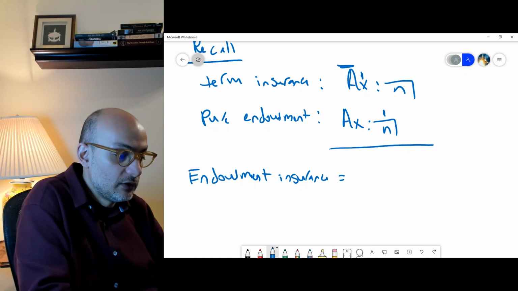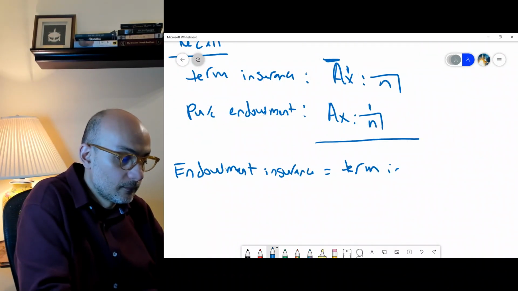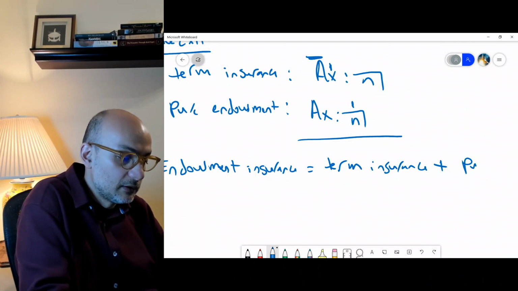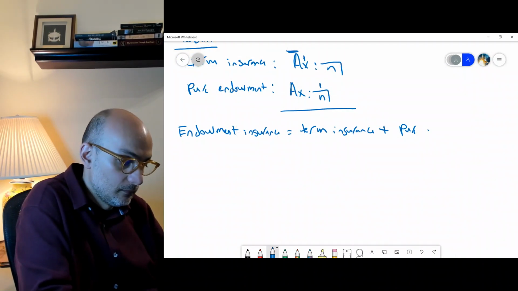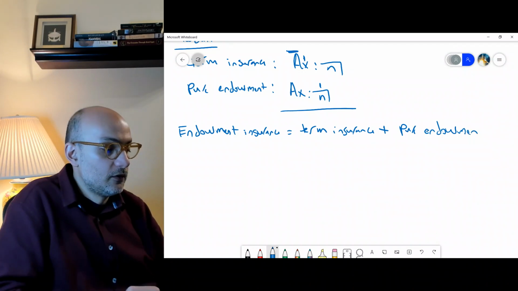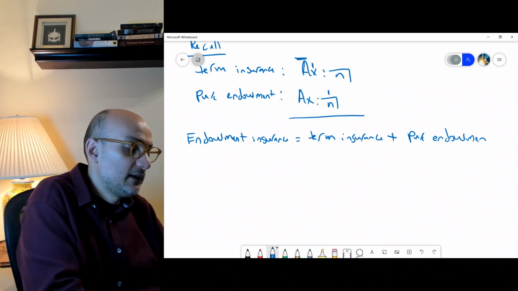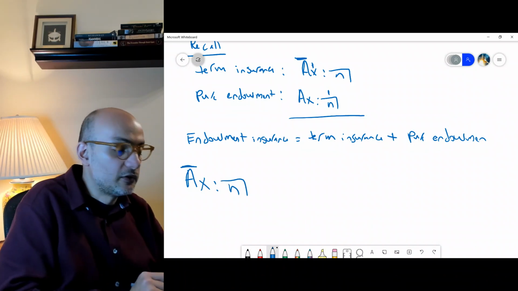Endowment insurance is equal to term insurance plus a pure endowment. The notation for the continuous case is A_x:n.